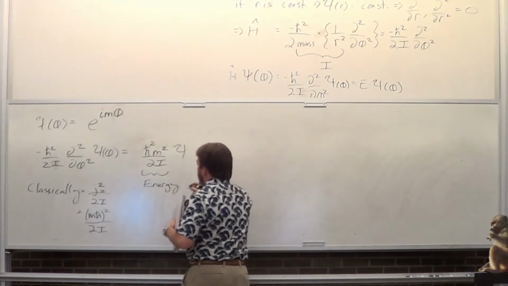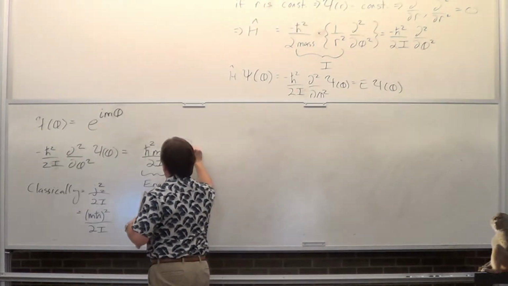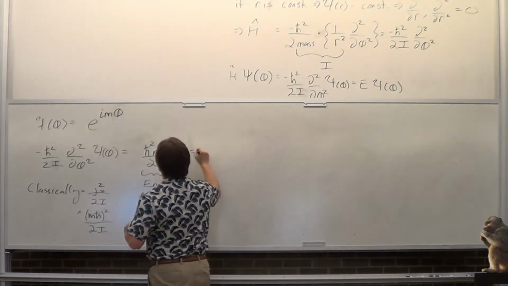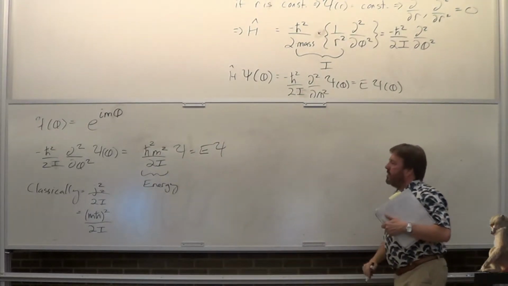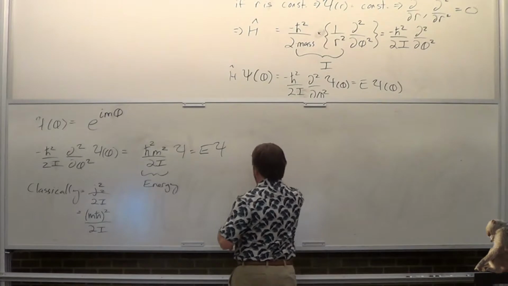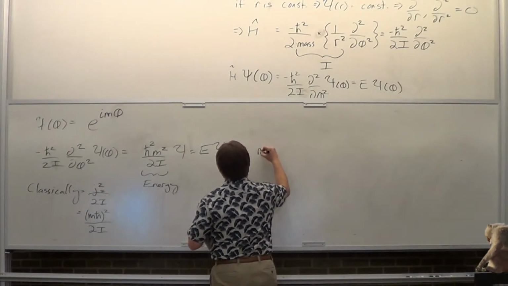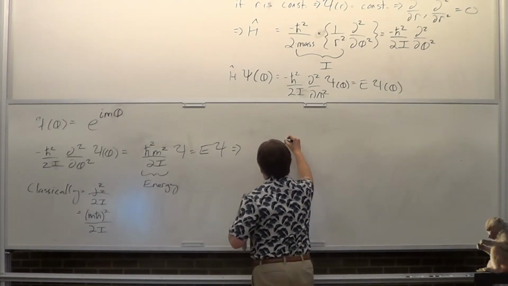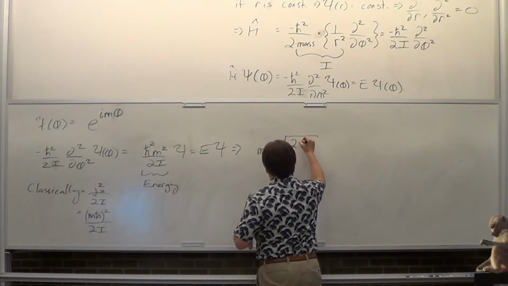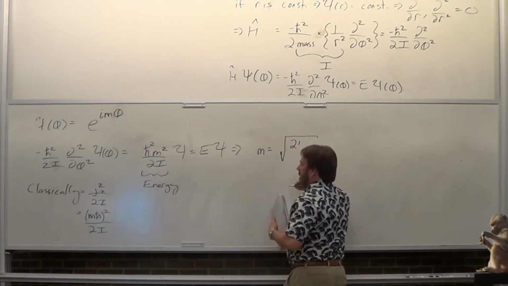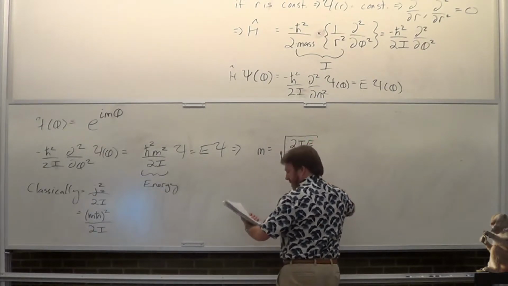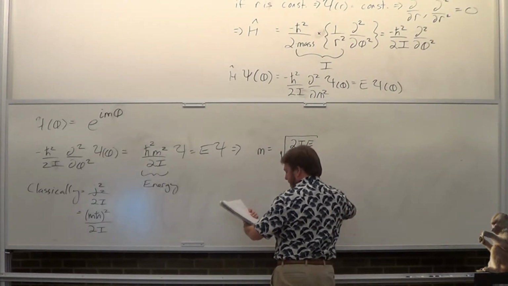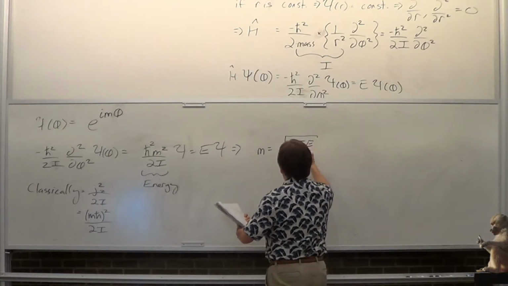Okay, so here, I'll do it this way. h bar squared m squared over 2I is equal to the energy, and therefore m is, and this actually does something really kind of neat. 2I. Am I doing this right? I better. Yeah, 2I.